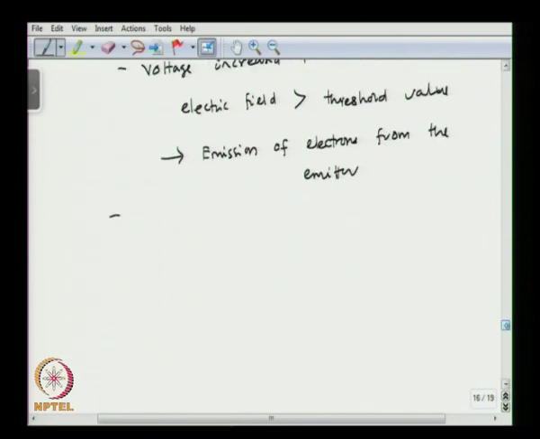These electrons would attach to the liquid molecules, and so the molecules get a negative charge.